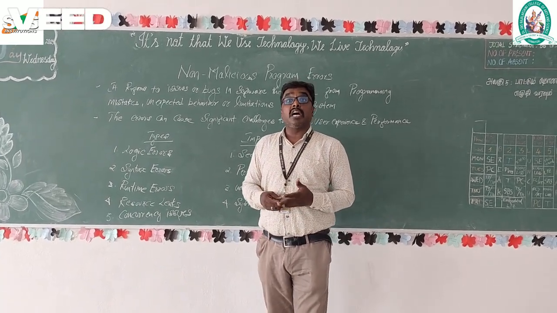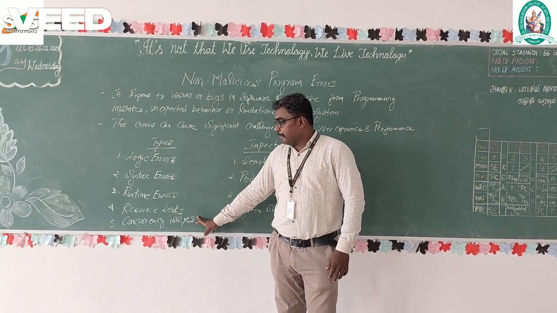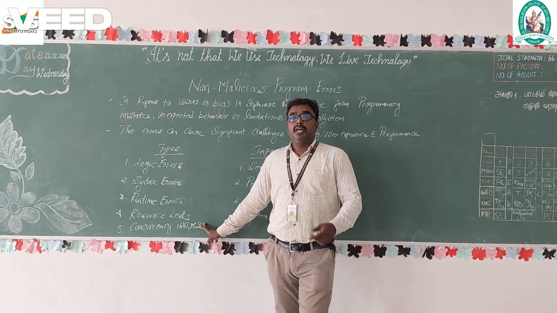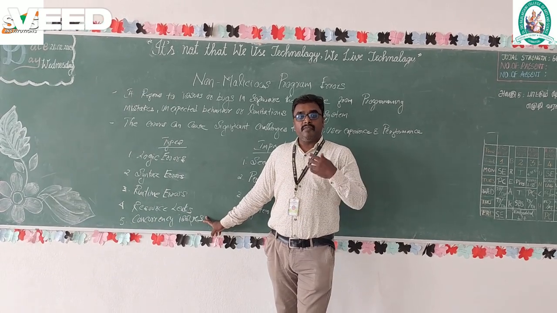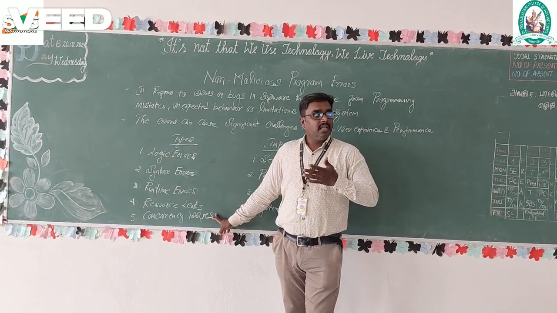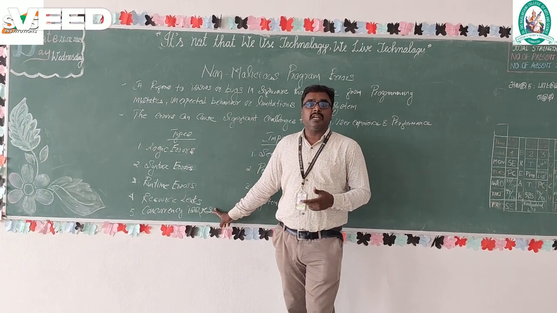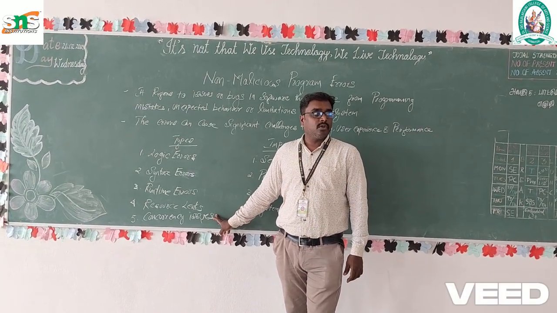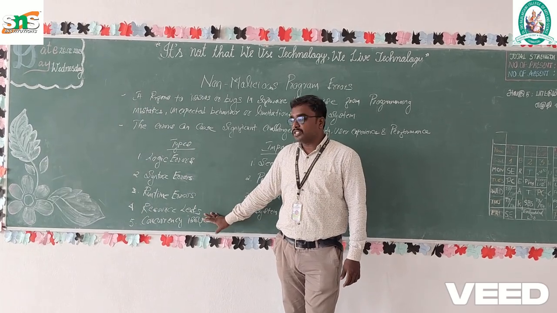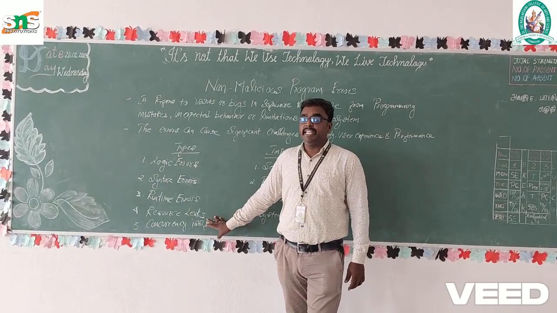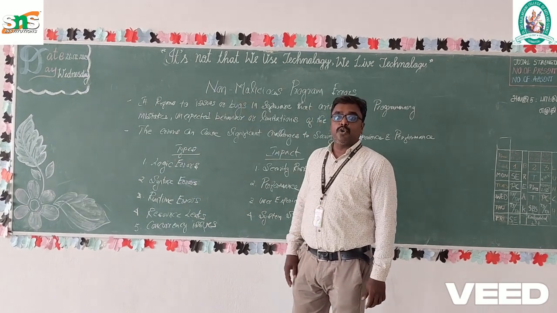We call that the starvation issue. In a multi-programming environment, it is very important to keep resources as free as possible so that they are available to all processes. All these five types are majorly classified as non-malicious programming errors.